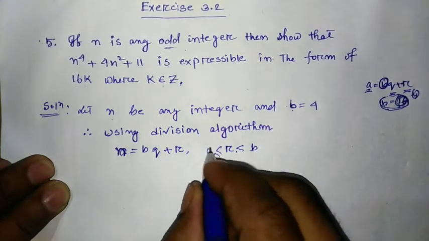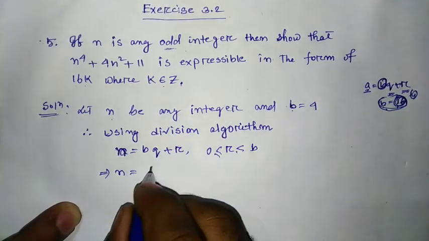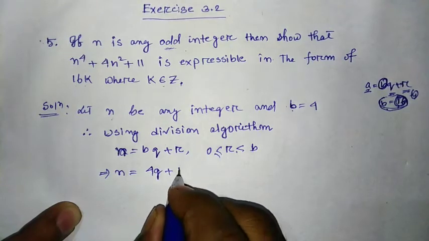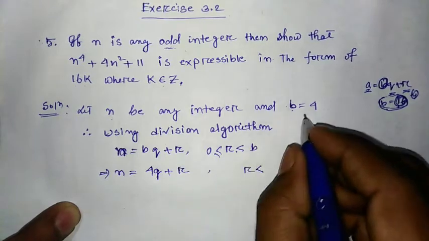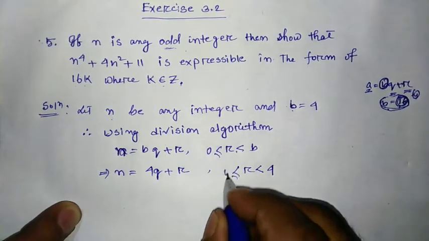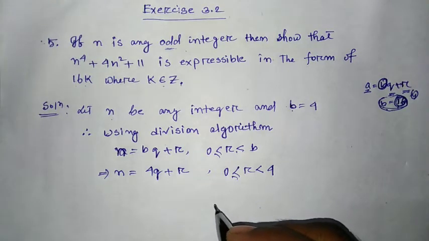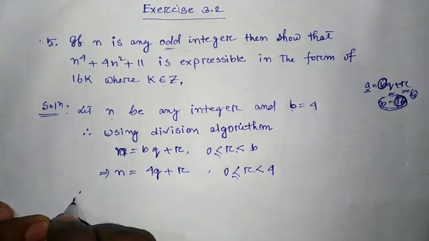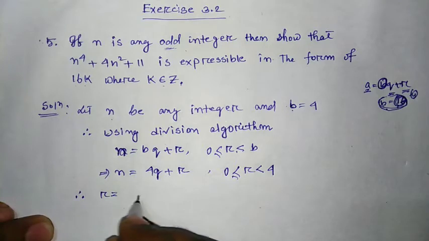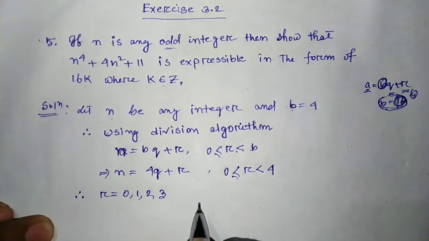So n is equal to 4q plus r, and r is less than 4 and greater than or equal to 0. Up to this point it is similar to the previous one. Now what are the possible values of r? Therefore r may take the values 0, 1, 2 and 3, because b is 4.